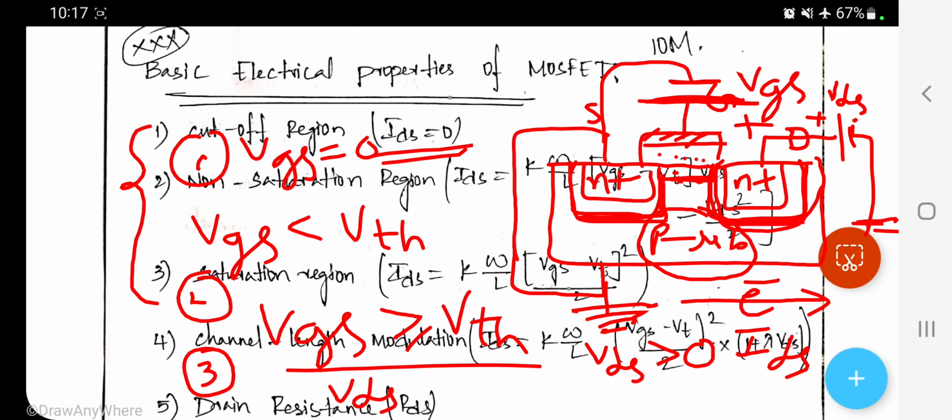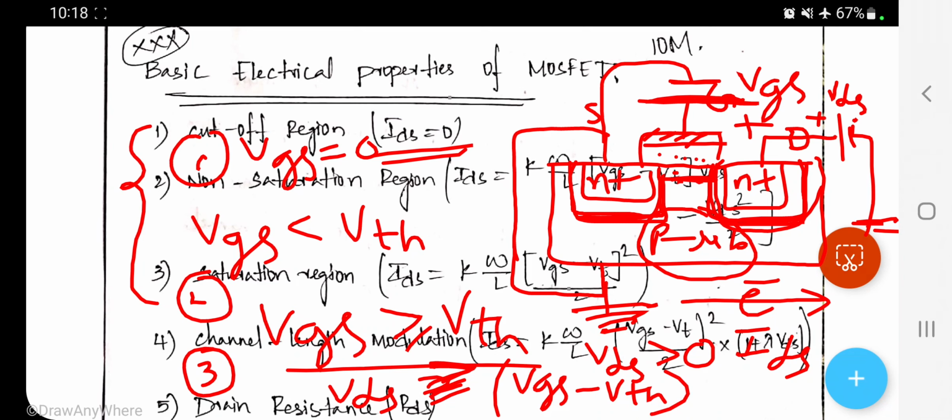Now VDS is going on increasing. We are going to increase the power supply voltage. Whenever this VDS is greater than or equal to the voltage VGS minus VTH. What is VGS minus VTH?